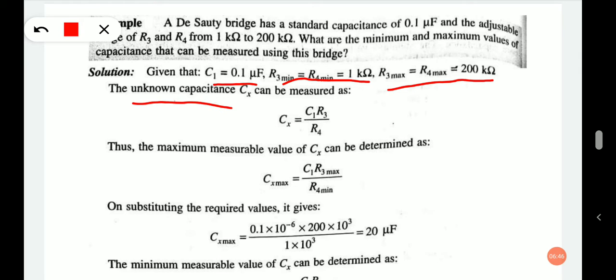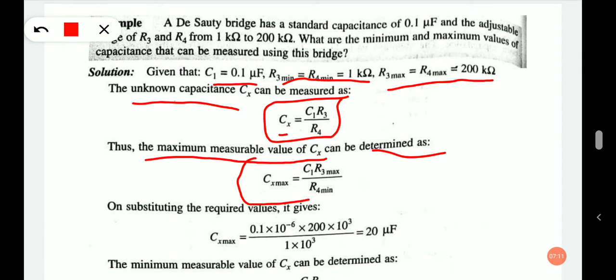The unknown capacitance can be measured by using the previous equation we have seen, that is Cx equals C1 R3 upon R4. The maximum measurable value of Cx can be determined as Cx max equals C1 R3 max upon R4 minimum.